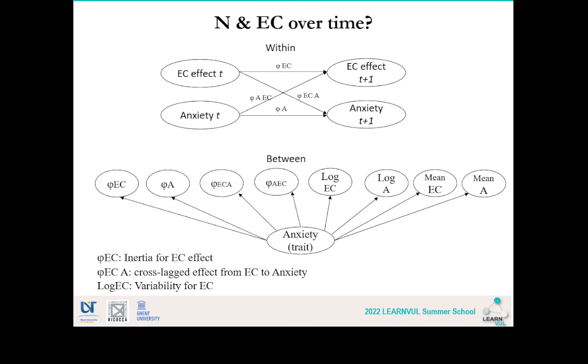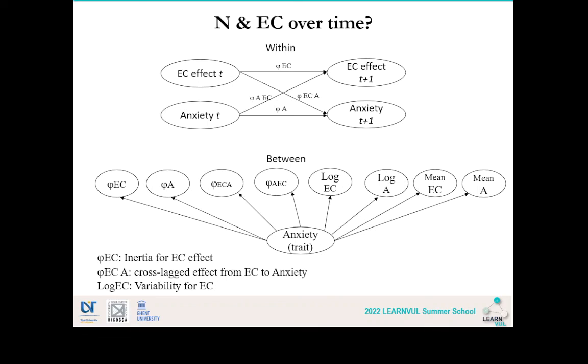Okay? And then I can look at cross-lagged effects. I didn't include that, but you can also look at the correlation between EC effect and anxiety at each time, within each time. Okay. So this is the within level.